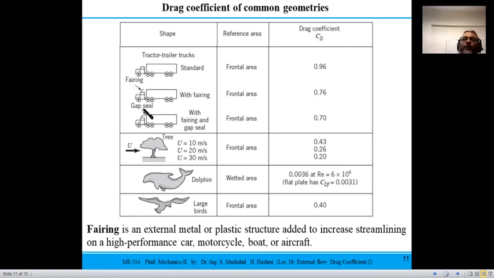And you see there is always a gap between the prime mover and the trailer. If you seal that gap, there is some higher pressure upstream and some lower pressure in that gap, so this causes pressure drag.